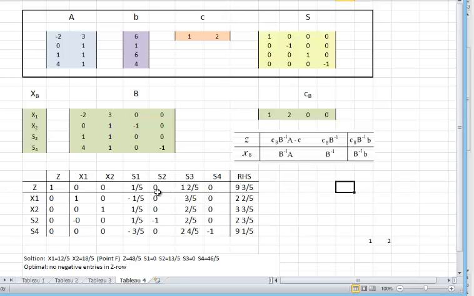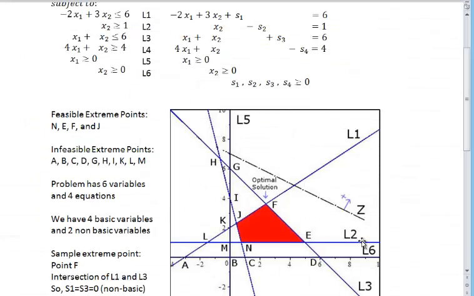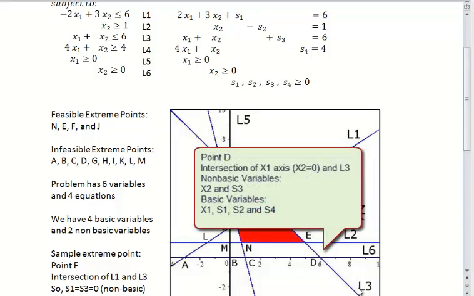Now let's say that you select another point, point D. Let's pick up point D, which is the intersection of L3 and L6. Point D, of course, is an infeasible extreme point of this problem. Point D is on the intersection of L3, so S3 will be 0.